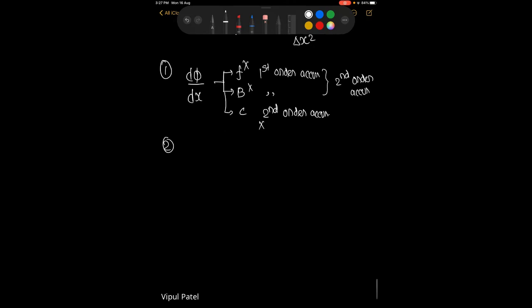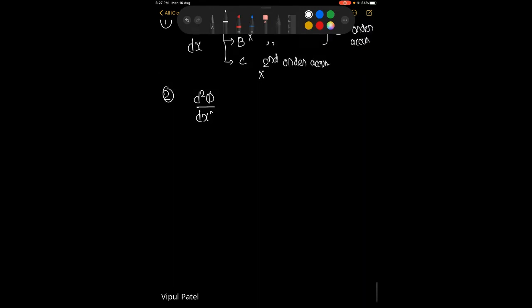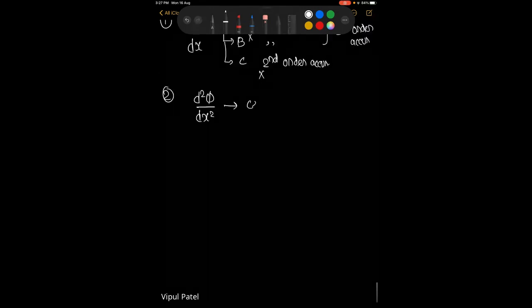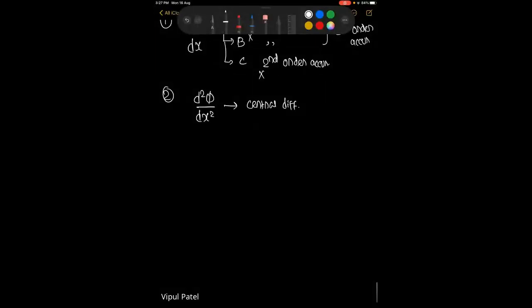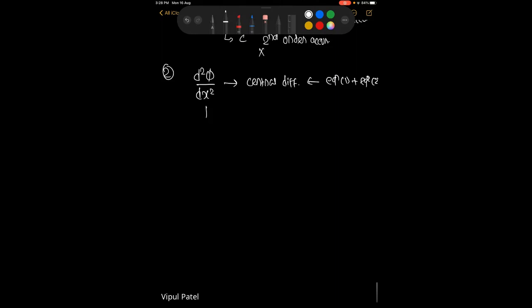And the second question was like, we have seen d square phi by dx square with central difference approximation, and that equation was derived by adding equation 1 plus equation 2. At that time we asked ourselves, can we have a d square phi by dx square expression with forward difference approximation or backward difference approximation?